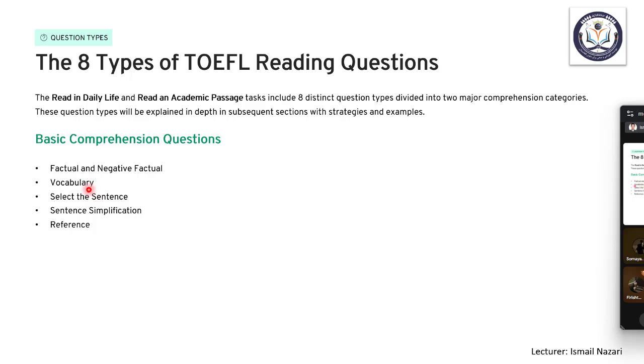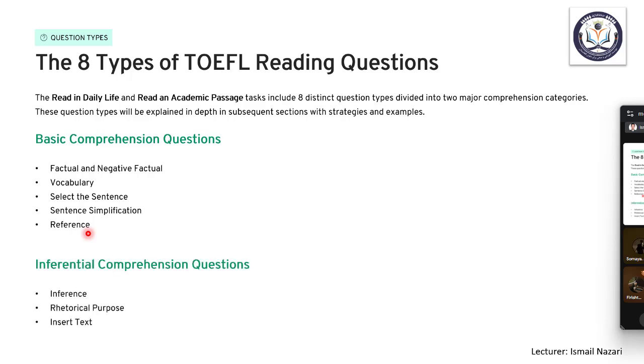Then we have vocabulary question, select the sentence question, sentence simplification question, and reference question. So it is the first major category of reading question types on the TOEFL reading section.